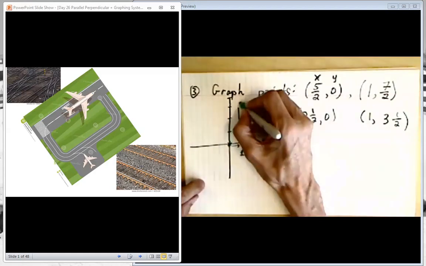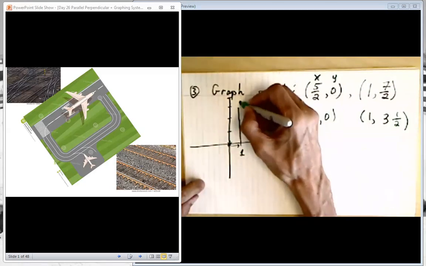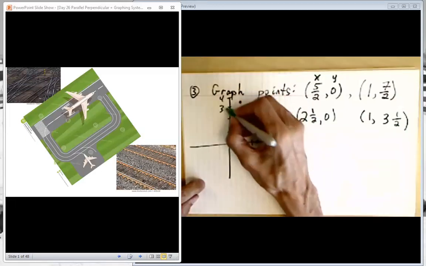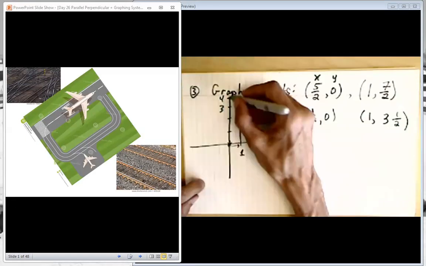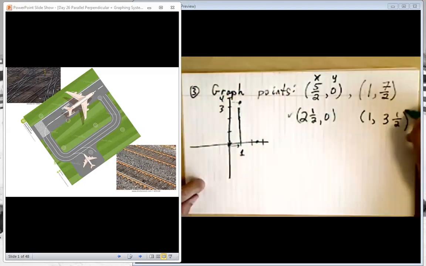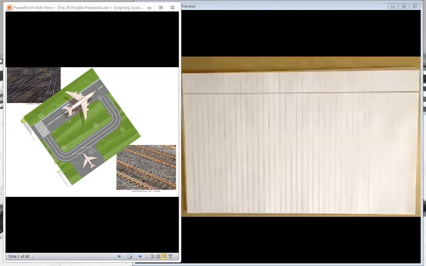It's not all the way up, and it's over here somewhere. Lined up with the 1 nicely. That's a 4, that's a 3, so in between. Okay. That looks good. Let's try.